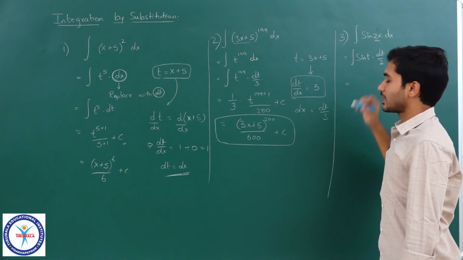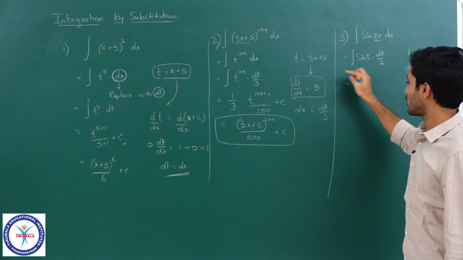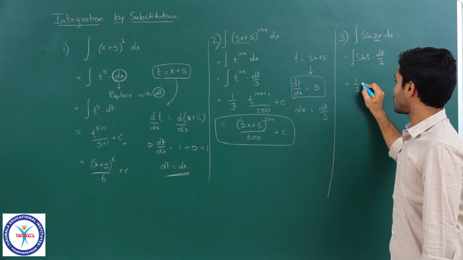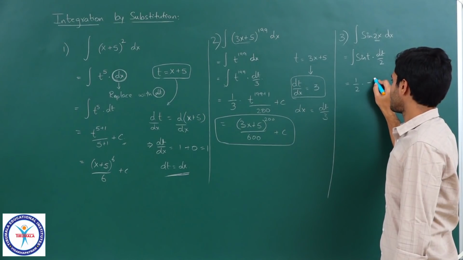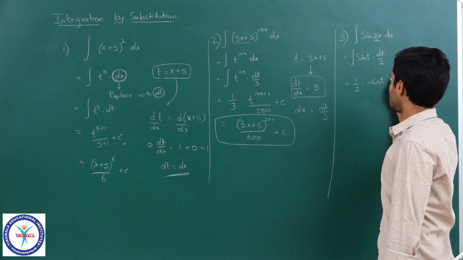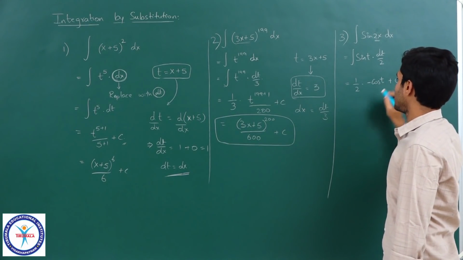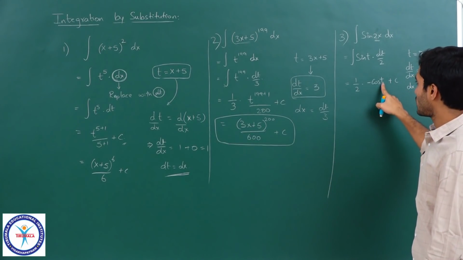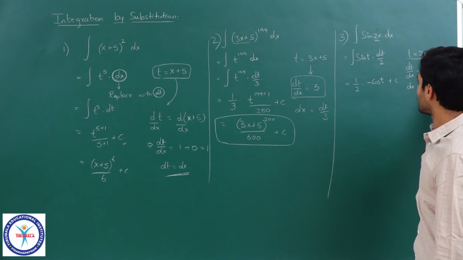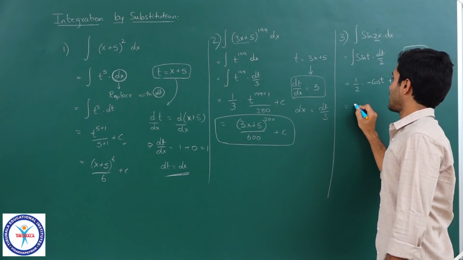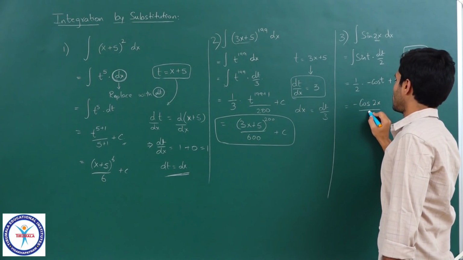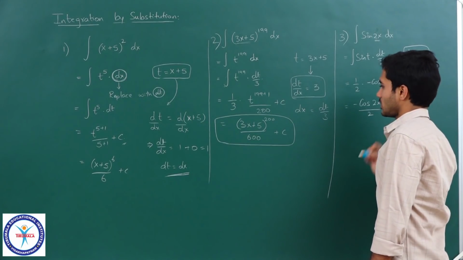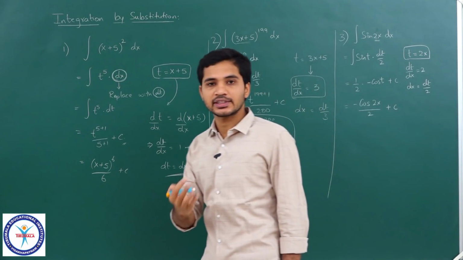And now we know how to integrate this function, right. So, 1 by 2 I will bring outside. So, 1 by 2 into integral of sin t is minus cos t, so minus cos t plus c. Clear? Now, bring back the value of t from what we have assumed. So, this will finally give me minus cos 2x by 2 plus c. Clear?